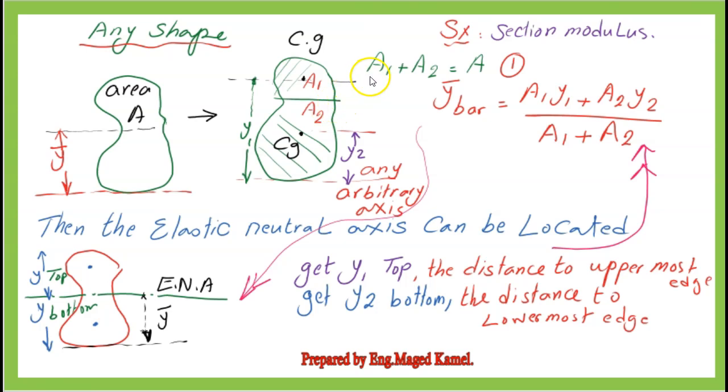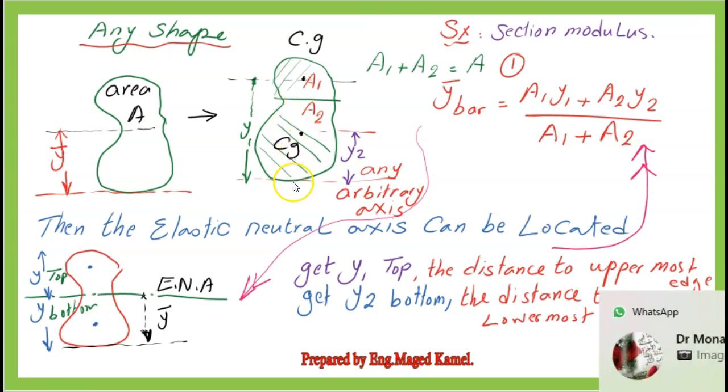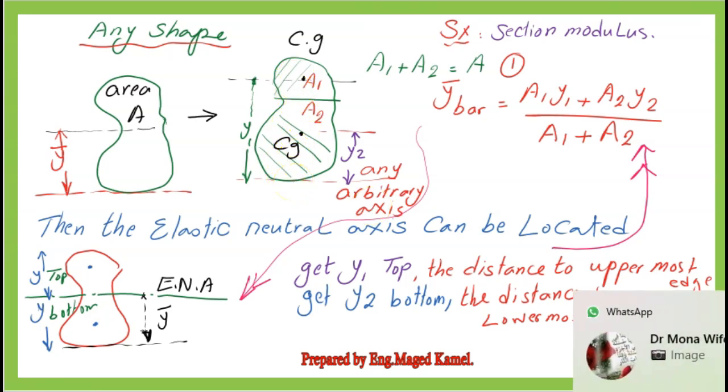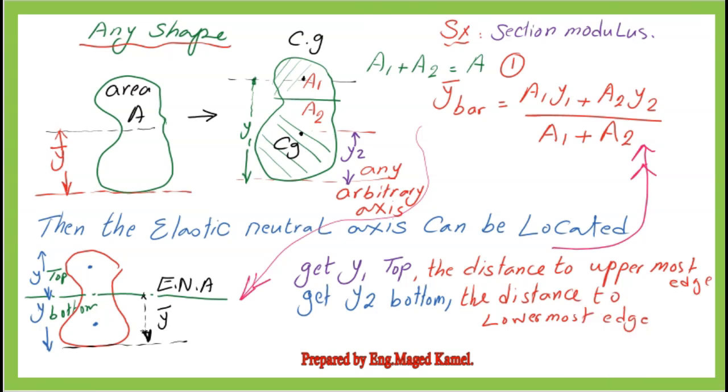Estimate A sub 1 and A sub 2 and find the total area A. Estimate the distances Y sub 1 and Y sub 2, or the CG distances for area A sub 1 and the CG for the second area A sub 2. Estimate the elastic neutral axis distance from the bottom datum by dividing the sum of A multiplied by Y over the area. The elastic neutral axis can be located.